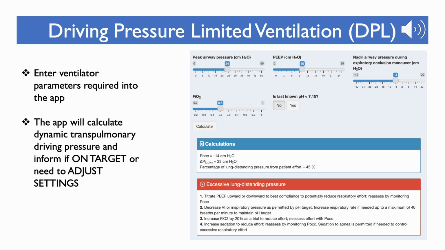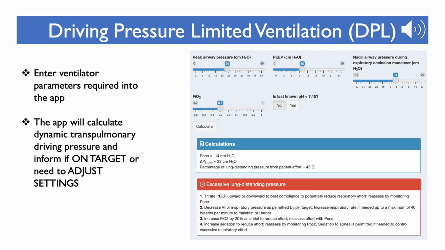These include adjusting PEEP to see if lung compliance can be improved and reduce respiratory effort, decreasing the tidal volume or inspiratory pressure as the pH target permits, or increasing the respiratory rate to a maximum of 40 breaths per minute to achieve the target pH.